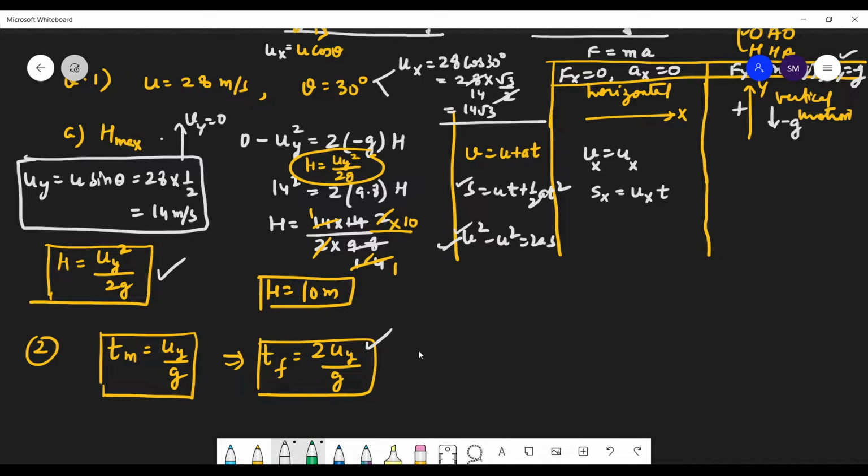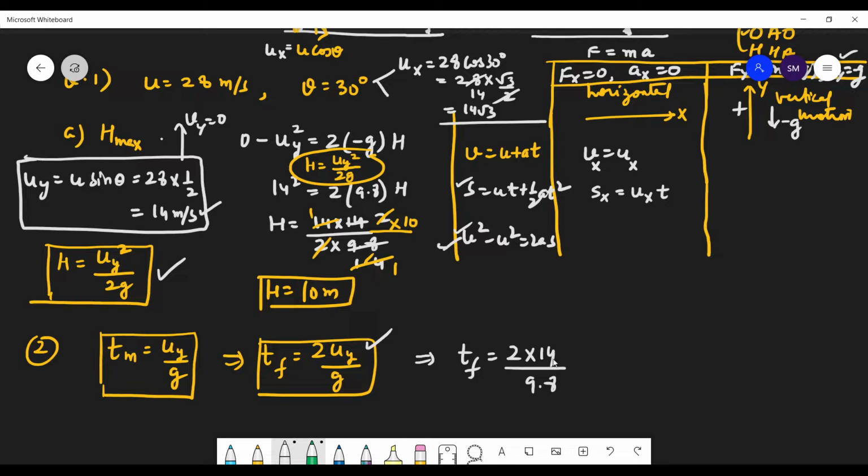Now what is the time of flight? So time of flight is given by 2 into Uy. Uy we have calculated, that is 14. So 2 into 14 divided by 9.8.